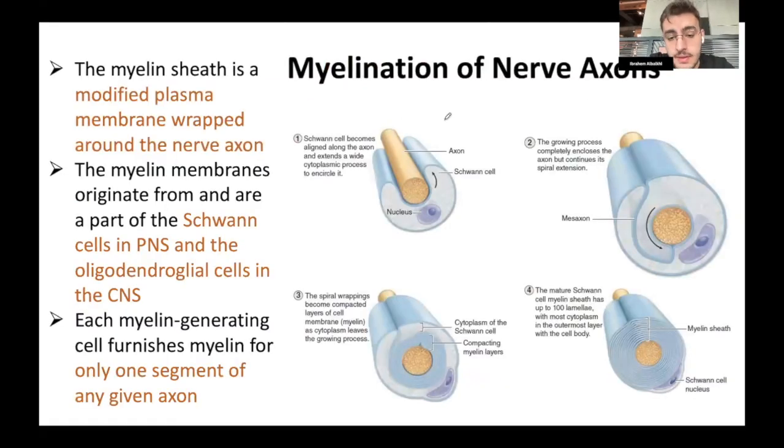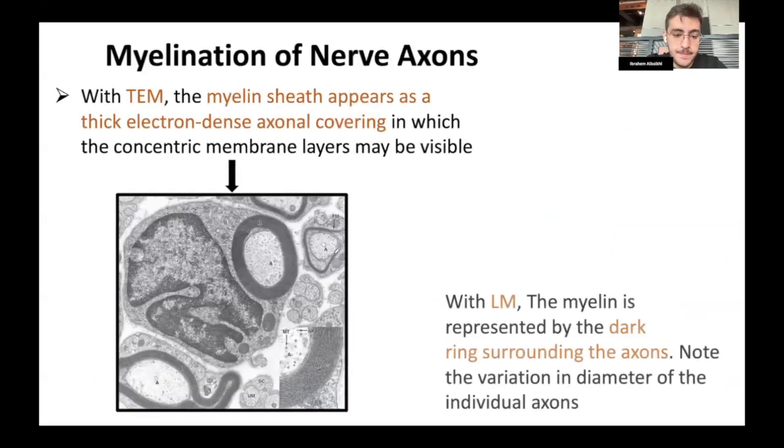Here we're revising the myelination process again. So the Schwann cell or the oligodendrocyte wraps around the axon multiple times. It removes all the cytoplasm, and this makes the signal able to jump. So this was the myelin. This allows for signal jumping and faster transmission of signals.